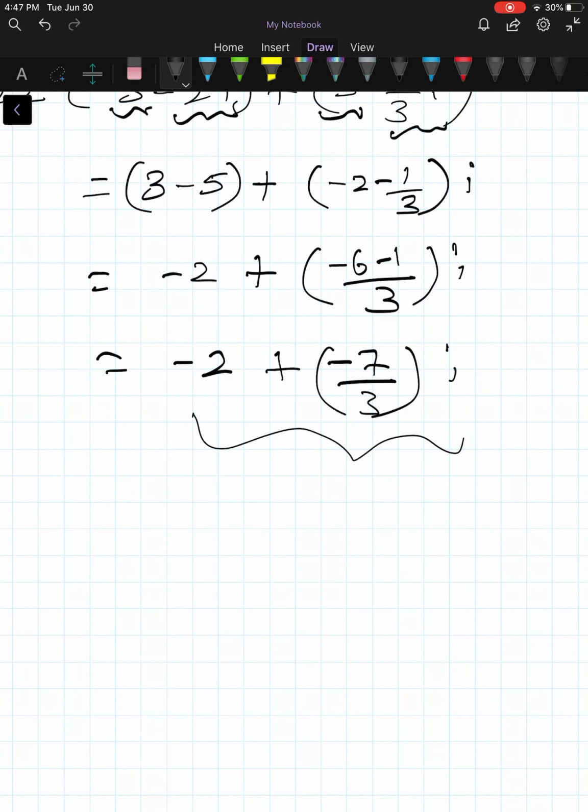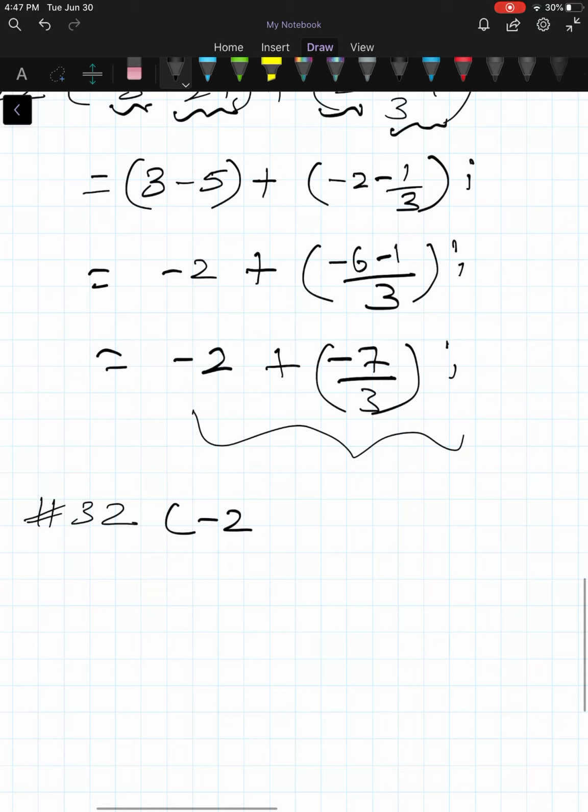Okay, so now coming to product number 32. You have to multiply two complex numbers, negative 2 plus i times 3 minus 7i. So I will use both the methods. I will first apply the formula, and also do it using the FOIL method, so that you understand the underlying process that goes behind establishing a definition or a formula.